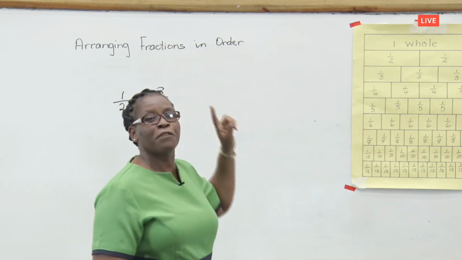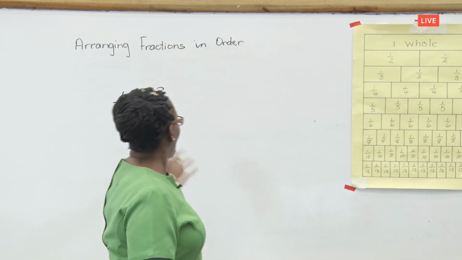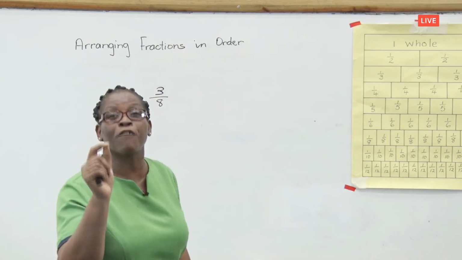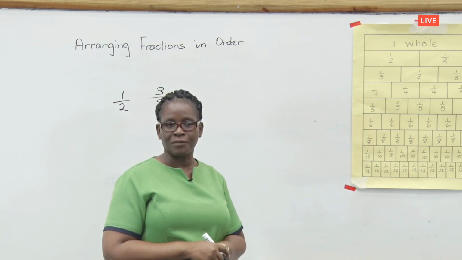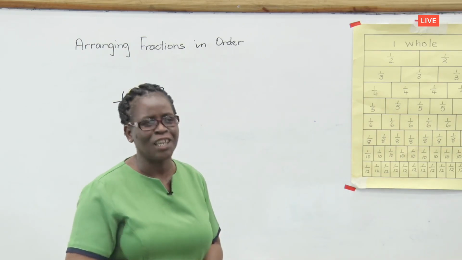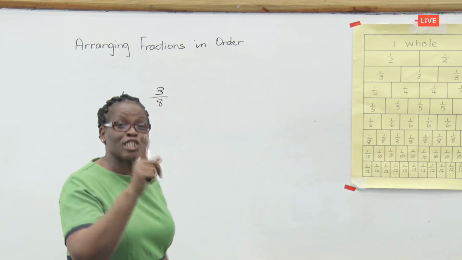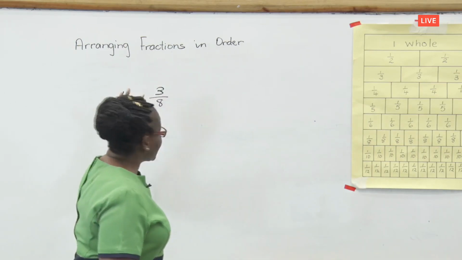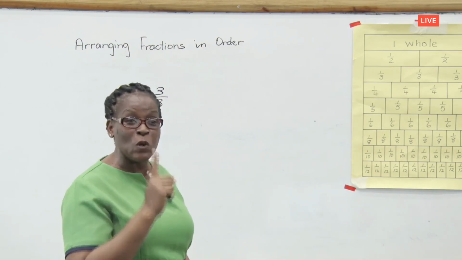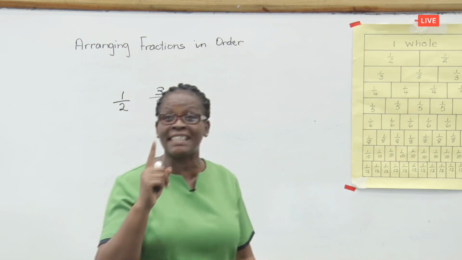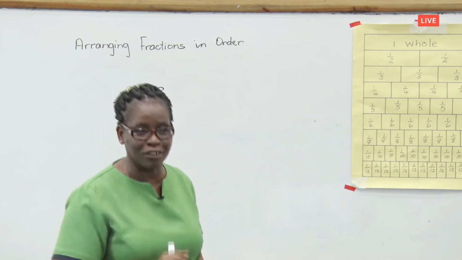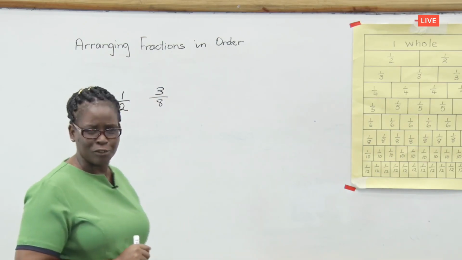So this fraction is called 3/8. How do you know this is a proper fraction? Excellent. The numerator is smaller than the denominator. Anytime there is a fraction where the numerator is smaller than the denominator, it is called a proper fraction.